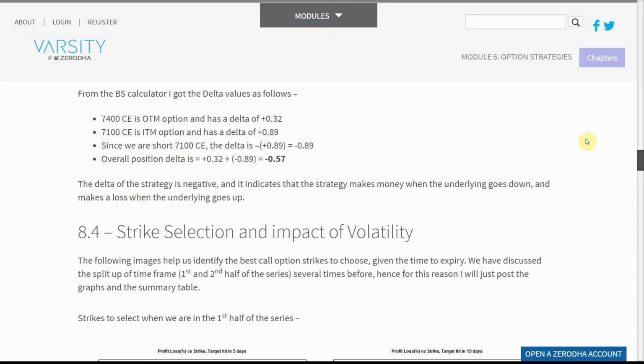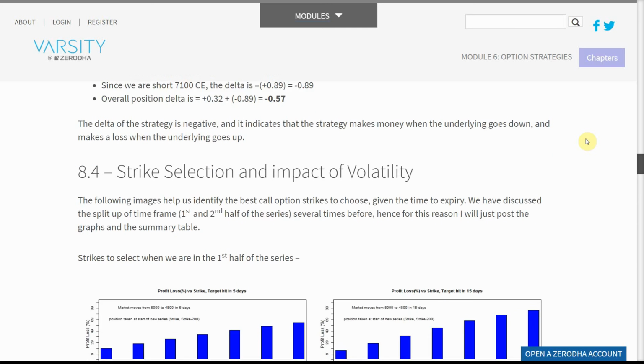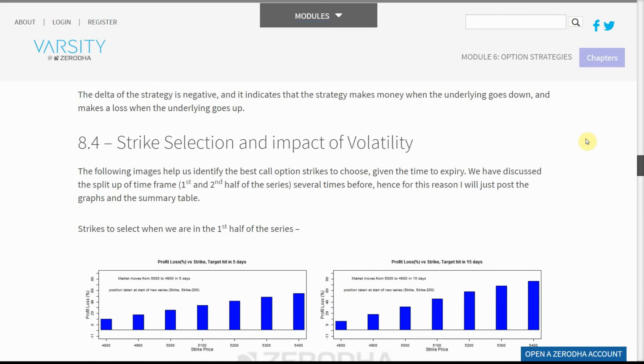Since we are short 7100 CE, the delta is minus 0.89. Overall position delta is equal to plus 0.32 plus minus 0.89 equals minus 0.57. The delta of the strategy is negative, and it indicates that the strategy makes money when the underlying goes down, and makes a loss when the underlying goes up.